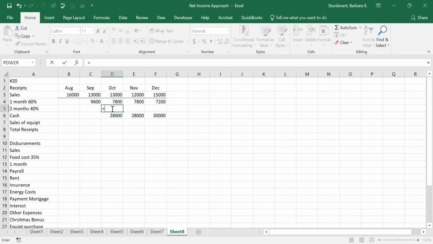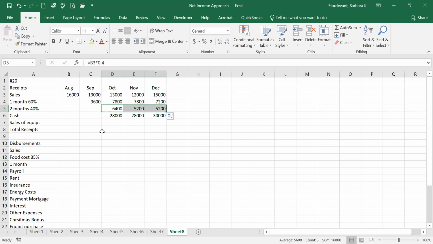So again, we would take August sales, and now we're going to collect 40%. And so again, it's the diagonal, add them up to make sure you got everything. So those two should add up to that, and they do. We're only doing this for October, November, December. So you don't need to fill these in, even though we had information. But we needed August sales because part of August sales were collected in October. And we're doing this for October, November, December.